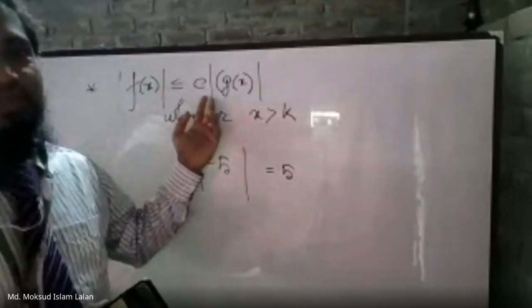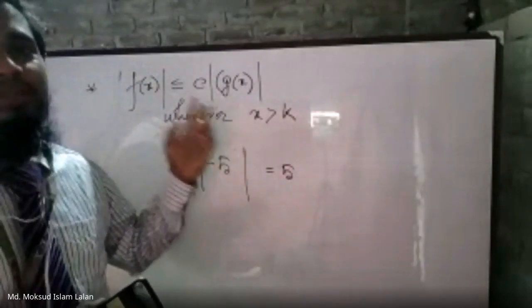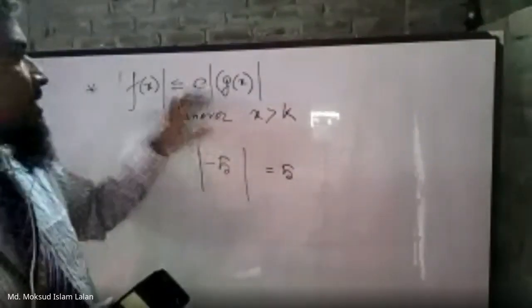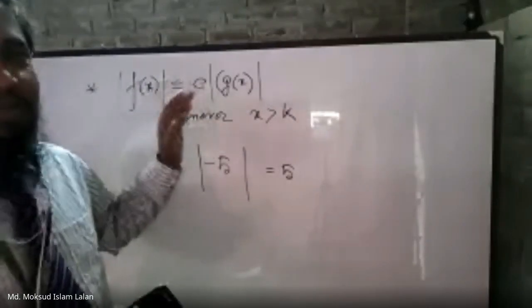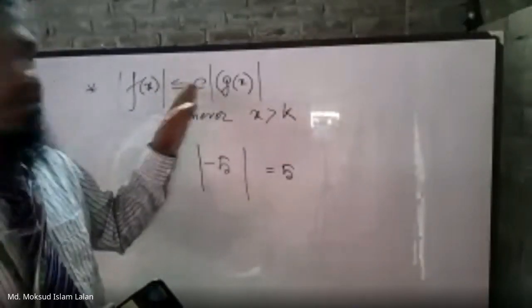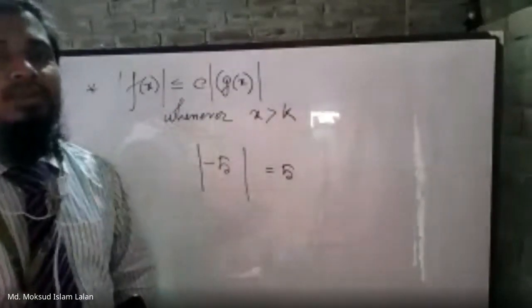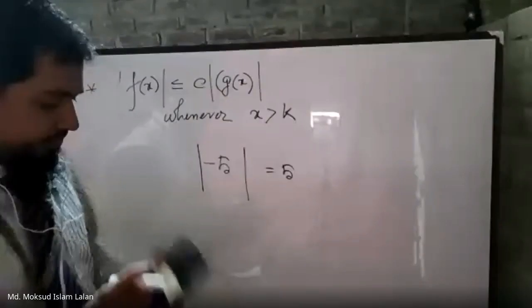I'm just copying from the book, that's why I'm using c here. But it is not mandatory to represent this constant by c only. You can denote it by any symbol.